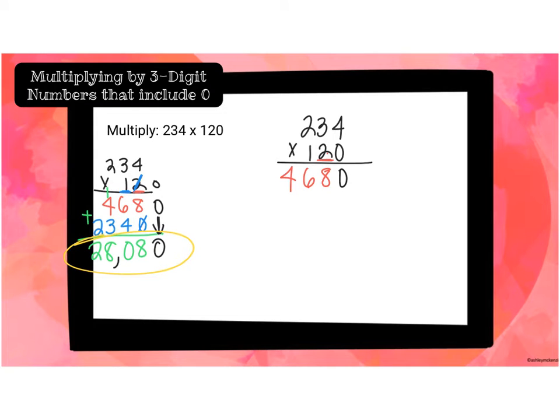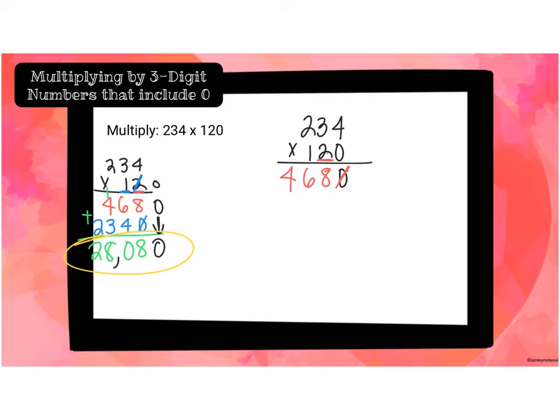So instead of dangling it off to the side, I'm just going to put it right here as a placeholder. Because if I actually multiply that out, what would that look like? It'd be an entire row of zeros. So that's kind of silly to do. You don't have to. You can just drop it right there.